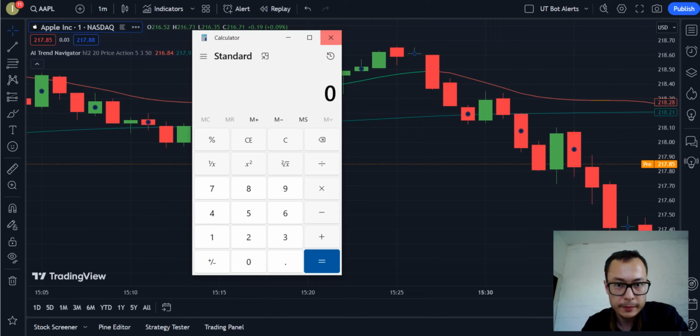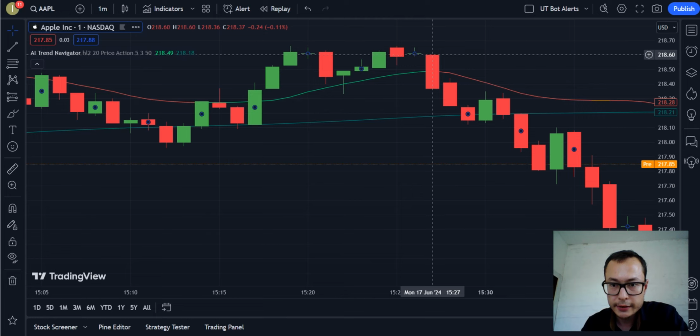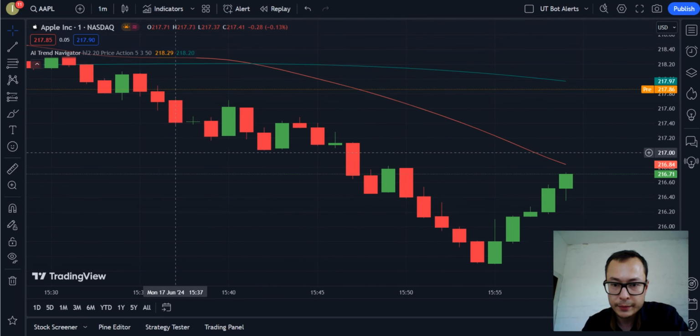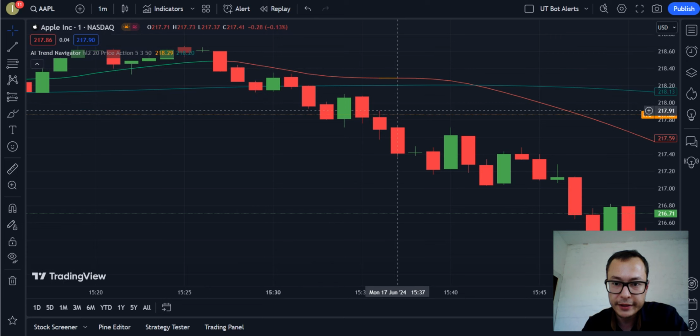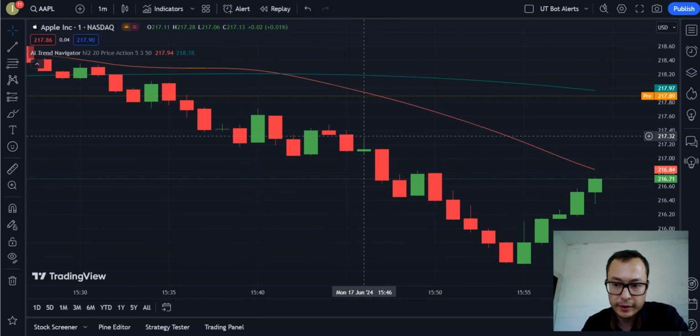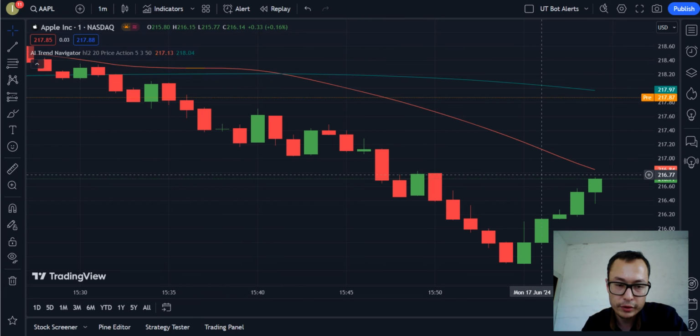So I'll clear the calculator now. And so after selling the Apple stock at $218.60, which was a profitable trade, we wait, and we see the AI Trend Navigator turns red, and then for the rest of the trading day at the Nasdaq Stock Exchange, the Apple stock price goes down overall.